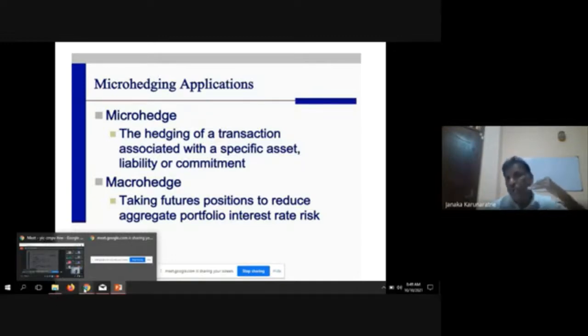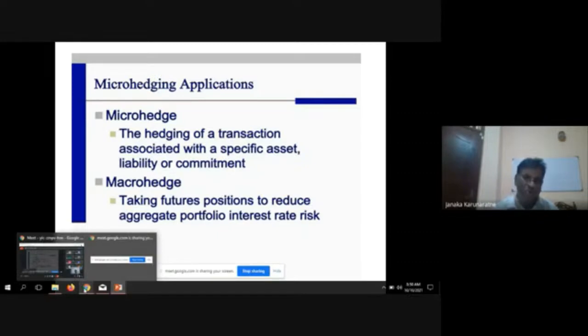So to hedge a particular instrument's interest rate risk, you can use a specific hedging instrument. That is called micro hedging. You only focus on a particular instrument as and when you feel you want to hedge. That all depends on how you perceive the risk. Now, alternatively, the bank may think of looking at a broader macro perspective, right?